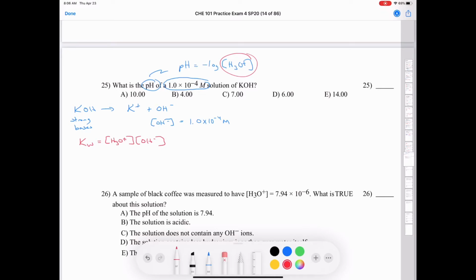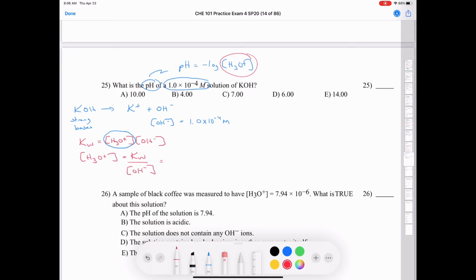You also have to know the value of Kw, which is 1 times 10 to the minus 14. So let's rearrange that and solve for the concentration of hydronium, and we get that the concentration of hydronium is equal to Kw divided by the concentration of hydroxide.